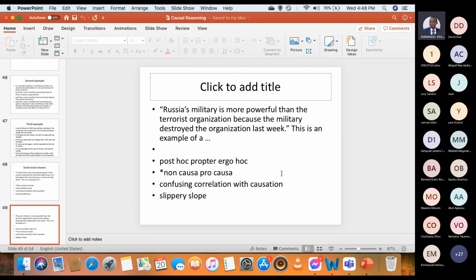You would rather say that it is because Russia is more powerful that they destroyed the organization. Russia is not more powerful because they destroyed the organization. Russia destroyed the organization because Russia's military is more powerful.